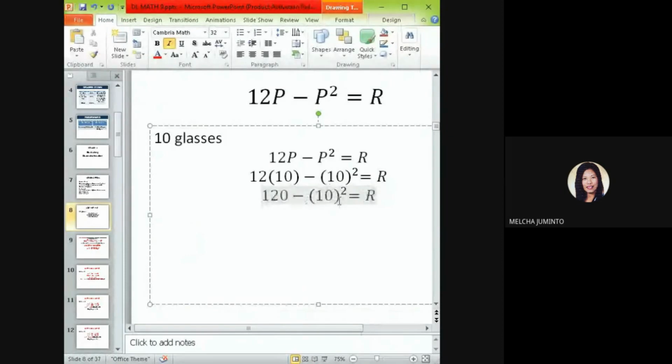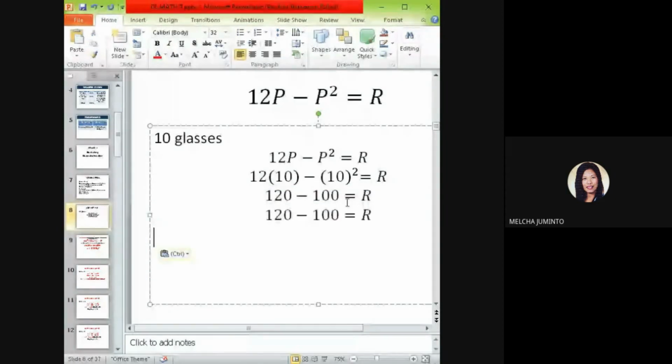And when you square 10, 10 times 10 is 100. Then 120 minus 100 equals 20. Therefore, the profit is 20 pesos. Okay, na-follow nyo? Paki-chat ako dito sa chat box natin if nakuha yung explanation ko.